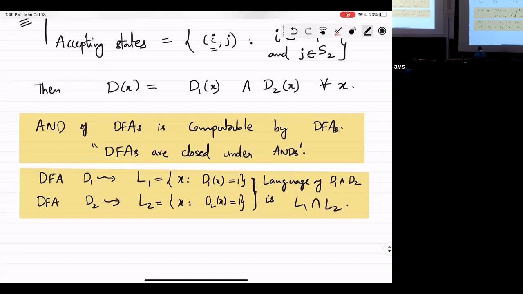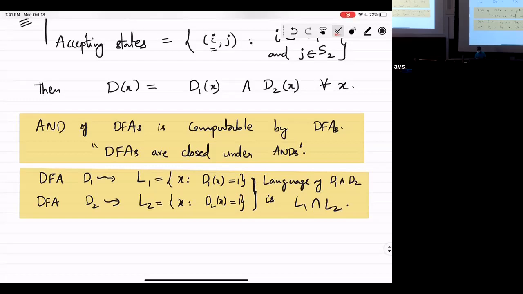Okay, this is again just nomenclature, it really doesn't change what you're doing. If I ask you to compute the AND of the two functions, that means I'm essentially taking the intersection of the languages that you're accepting, right? Why is that? Well, think of the elements here. A string x is in L1 intersection L2 if you lie in both, meaning the first one accepted and the second one accepted. It's like filtering. Before, you had to pass the first filter and you had to pass the second filter.